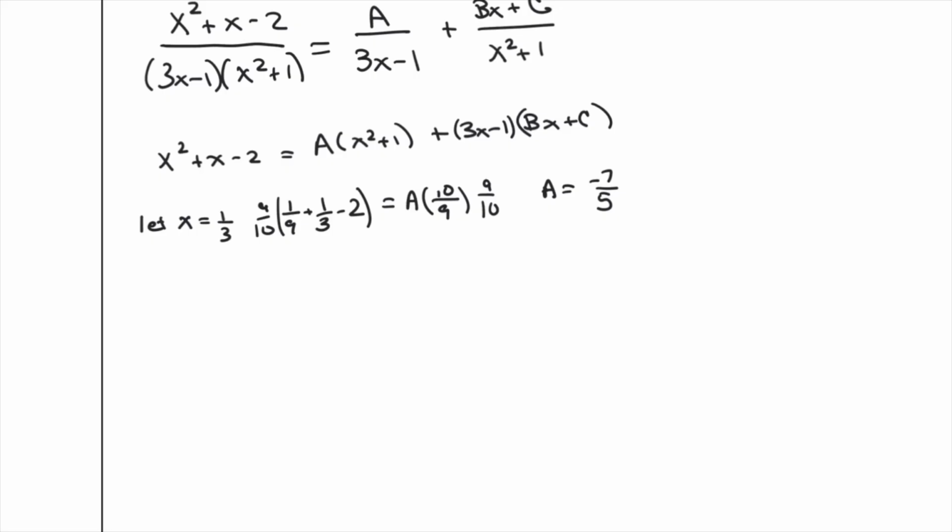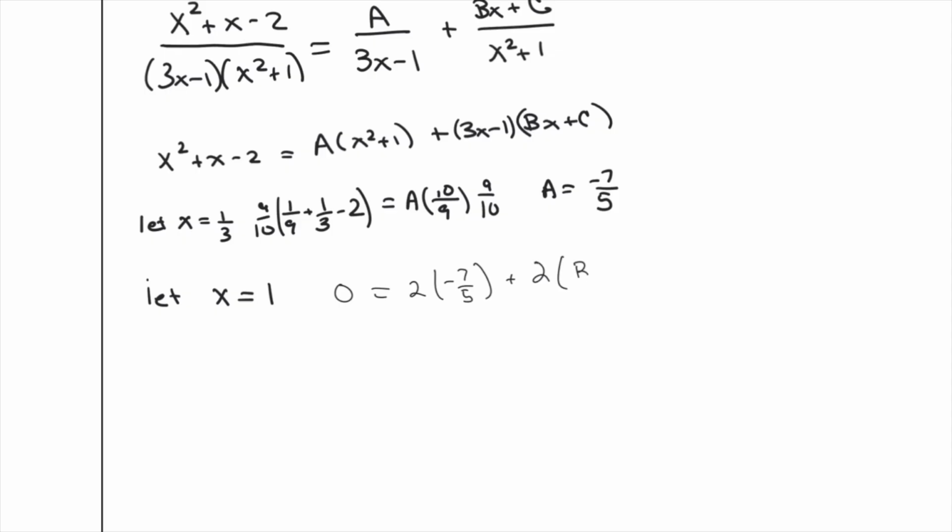Next, if we were to let x equal 1, we don't have a lot of good choices here. I'm going to let x equal 1. So when I have x equals 1, 0 equals 2A. Oops, but I know my A value. Let's get rid of that A. Put in negative 7/5. There we go. 2A plus our 2.